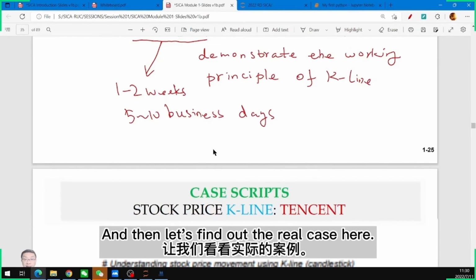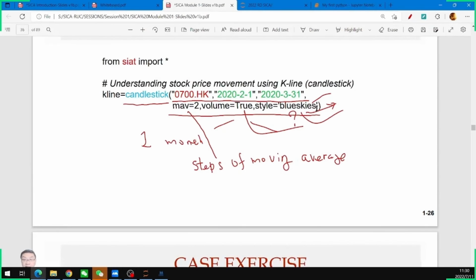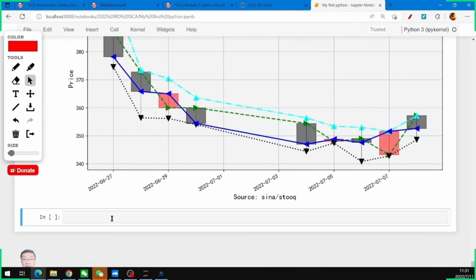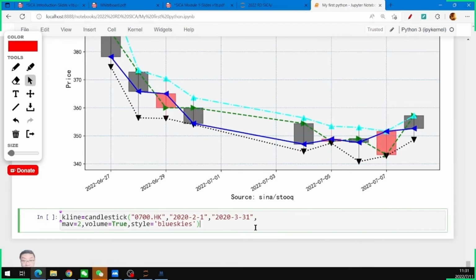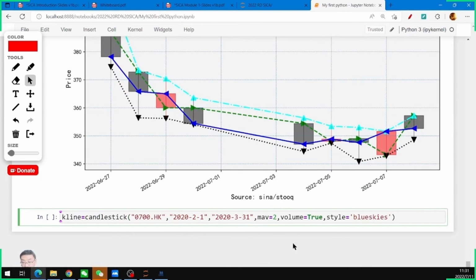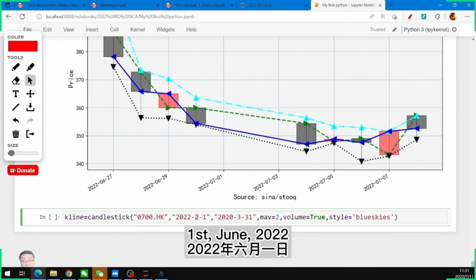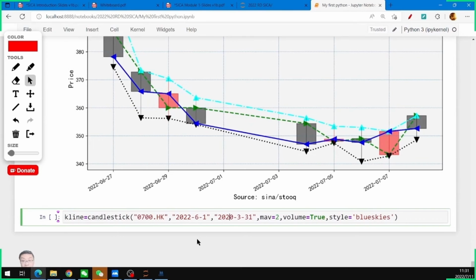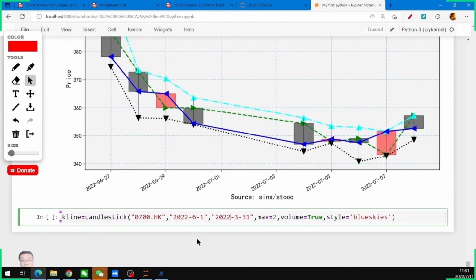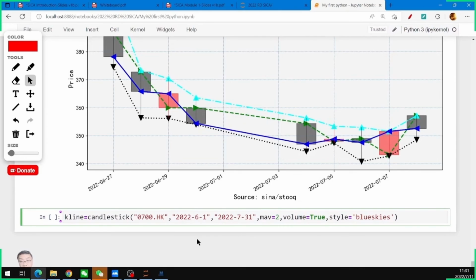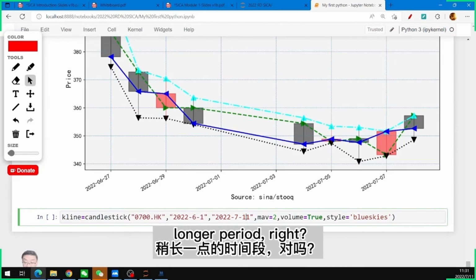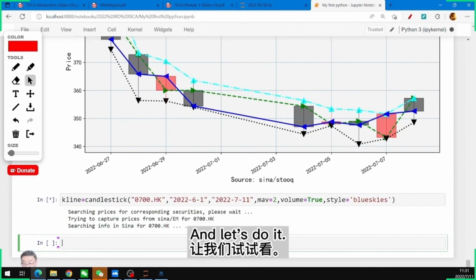And then let's find out the real case here. Let's copy. Okay. Probably from 2020, June the 1st, to 2022 July 11th, longer period, right? And let's do it.